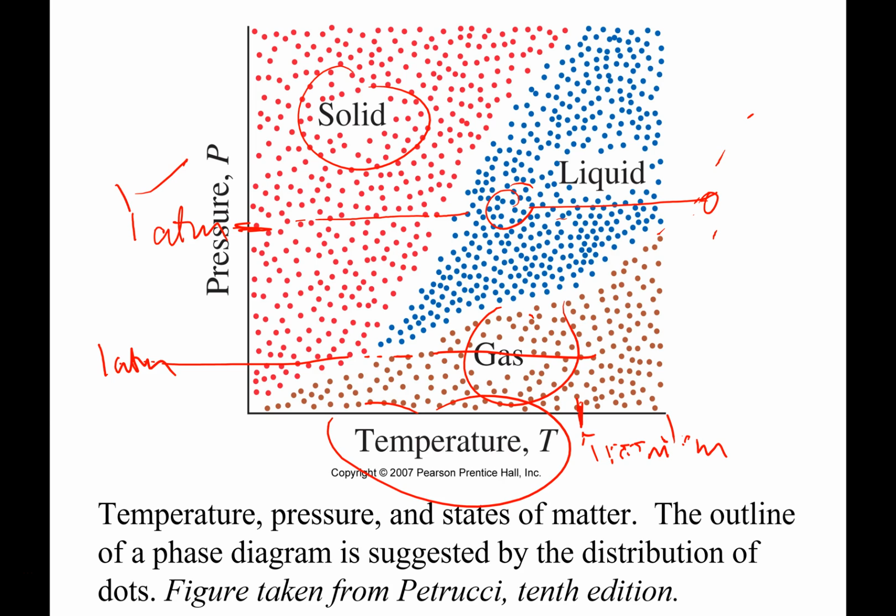I told you you can take a gas, increase the pressure, and it will liquefy. You can take a liquid, increase the pressure, and it will solidify. That's what I'm showing here, and that's what we call an isotherm. We're just jacking up the pressure: liquefy, solidify. It's a pressure temperature phase diagram.